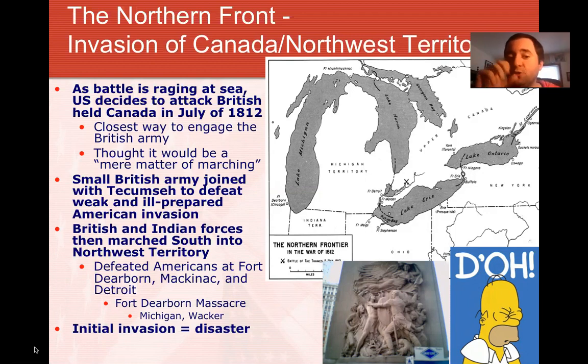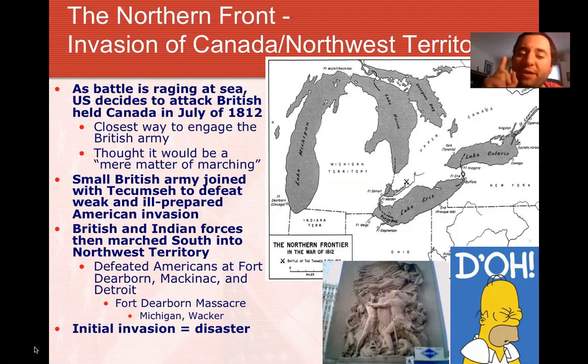They will again. So the United States appears weak and not prepared during this invasion. The British and the natives, the Indians, are going to work together here. The British and the Indian forces march south into the Northwest Territory.